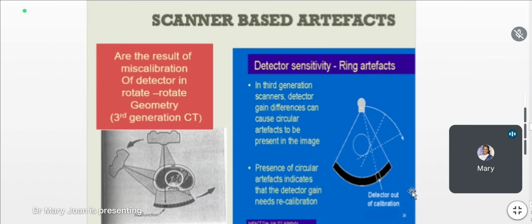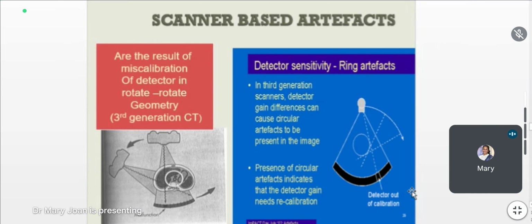Scanner-based artifacts are the result of miscalibration of the detector in rotate-rotate geometry, and detector sensitivity can cause ring artifacts. In third generation scanners, detector gain differences can cause circular artifacts to be present in the image.